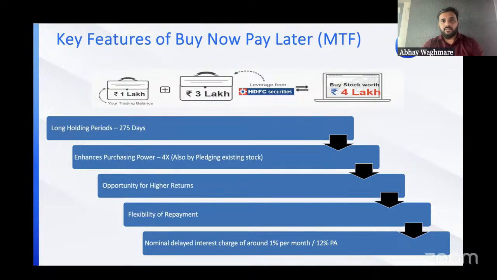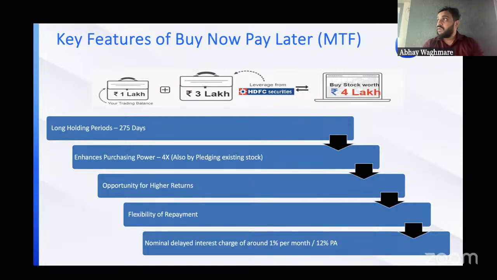And yes, since the 3 lakh rupees which I mentioned is a leverage, it is given by HDFC Sky. So yes, there is some interest which is charged. Now, what is the interest? Whatever position you've taken, let's take an example, 3 लाख का पोजिशन आपने लिया है, उस पे 1% per month is the interest. That is 12% per annum.